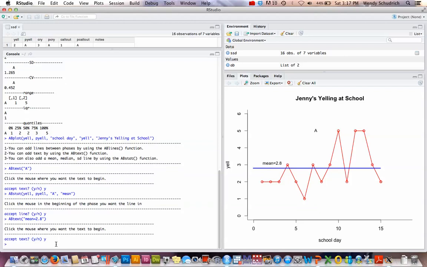Next, we're going to do some diagnostics, and we're going to test for one important assumption, that the time points are independent from each other. So we're going to test for autocorrelation, which will quantify it by giving us a correlation coefficient.